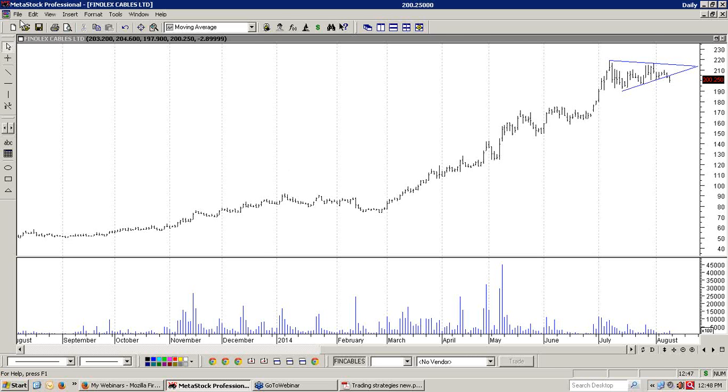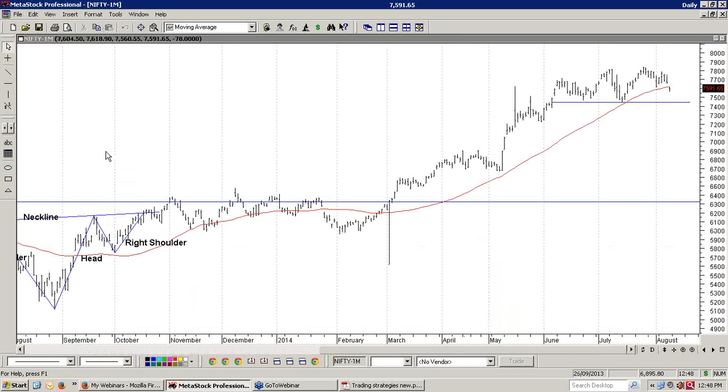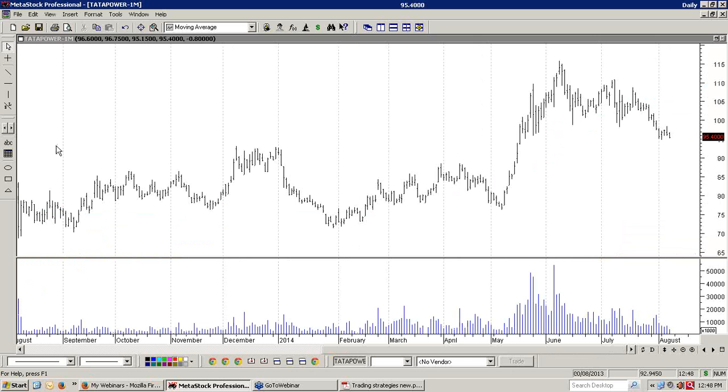Tata Power is again a sell kind of stock, mainly because of the huge run up which it had seen on the charts.